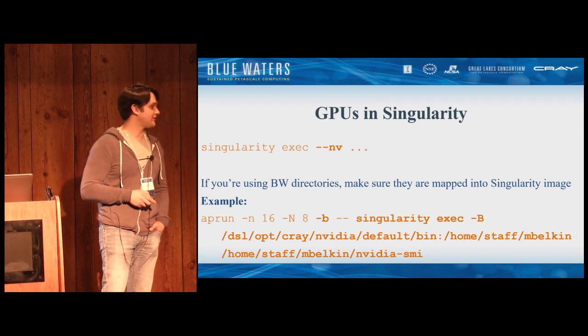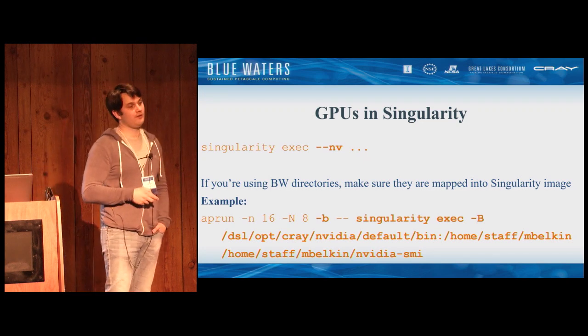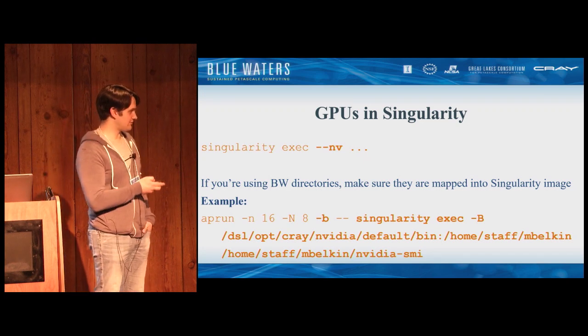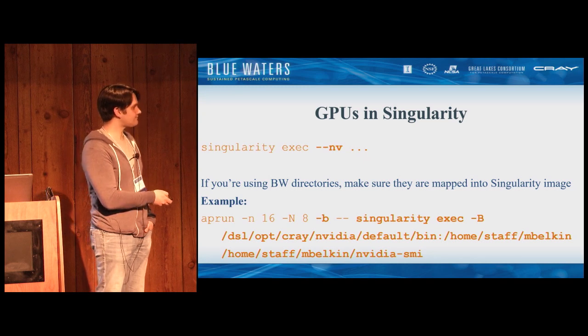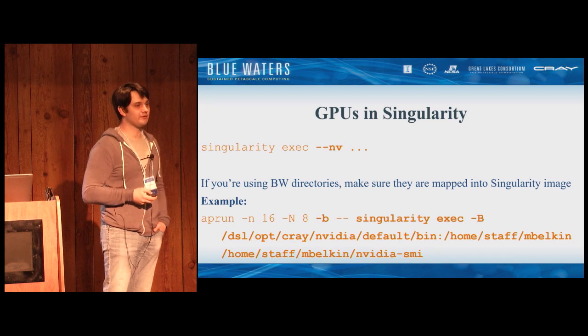Here I'm showing an example where I execute nvidia-smi. All I do is use that -B flag, and that's it. And then I just execute nvidia-smi.